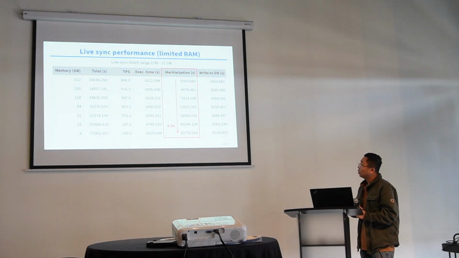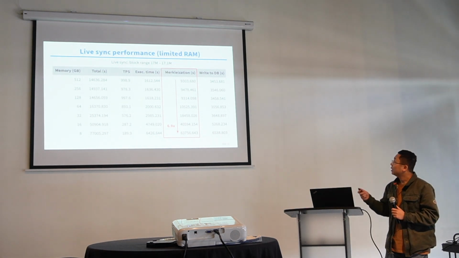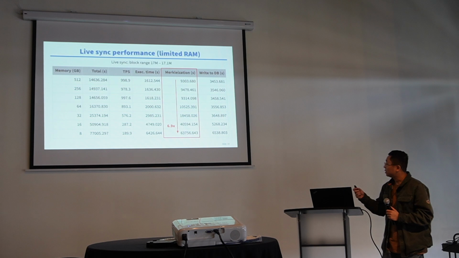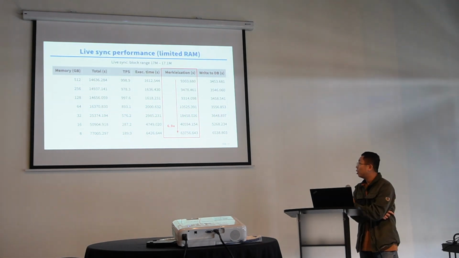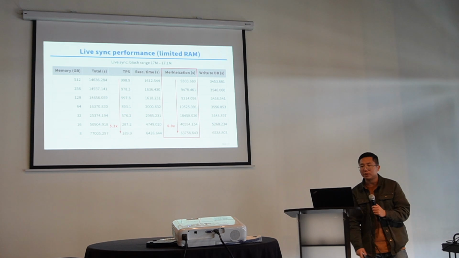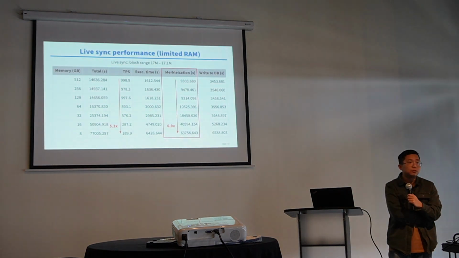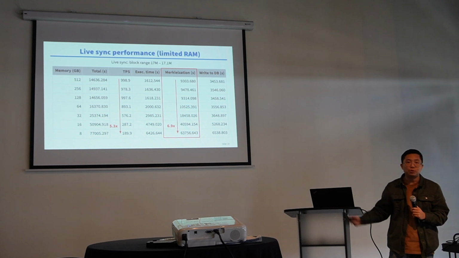And second, when we go from 512 gigabytes to 8 gigabytes, the Merkelization has a slowdown of almost 7x, which results in an overall slowdown of about 5.3x. And the TPS number just drops from 1,000 to less than 200.